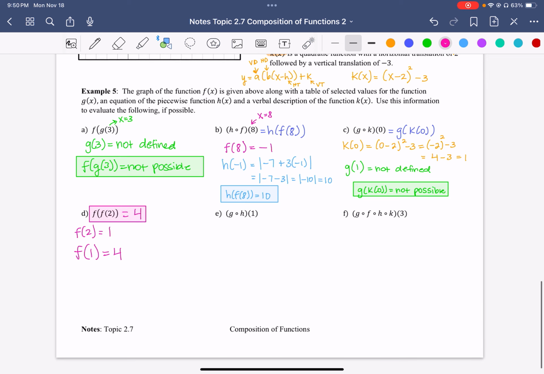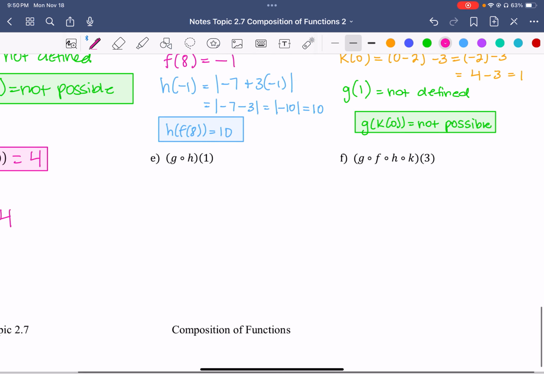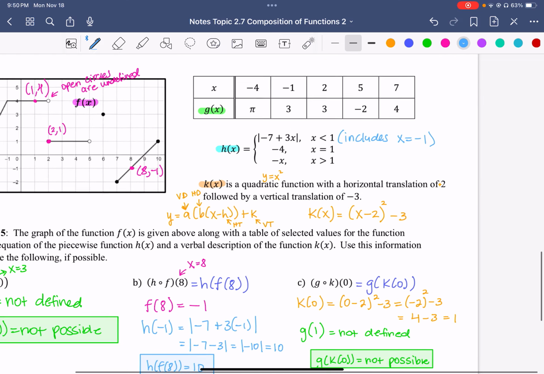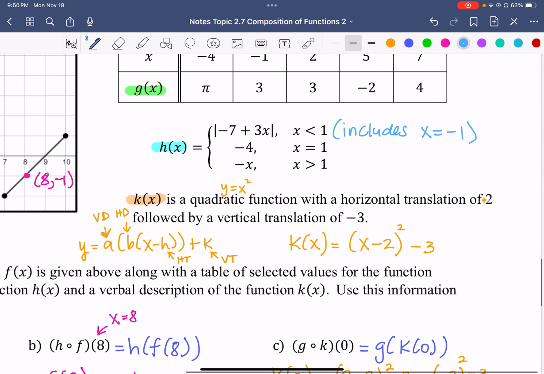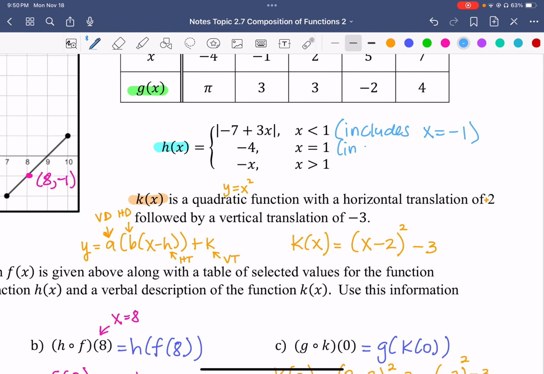Okay, next we're going to do g of h of 1. So starting with h of 1. I'm going to go to the piecewise, which is h, and I'm looking for where x equals 1. I see that's in the middle. So this one includes x equals 1. And the equation is not even an equation, it's just a number.